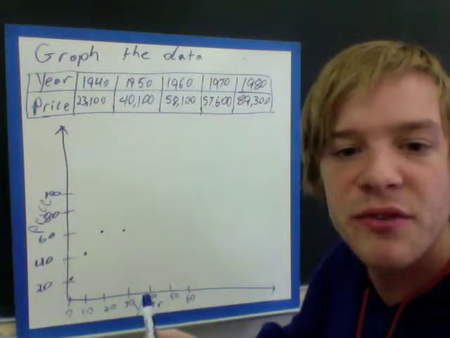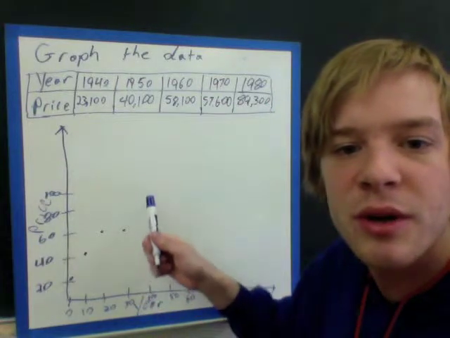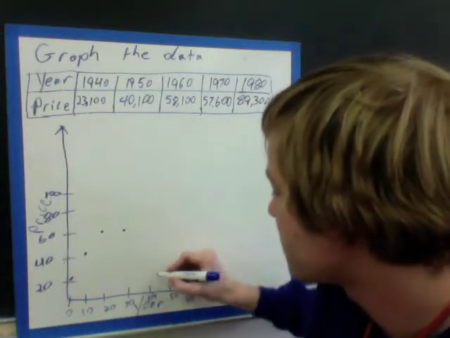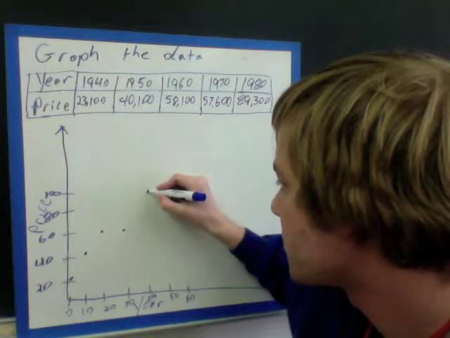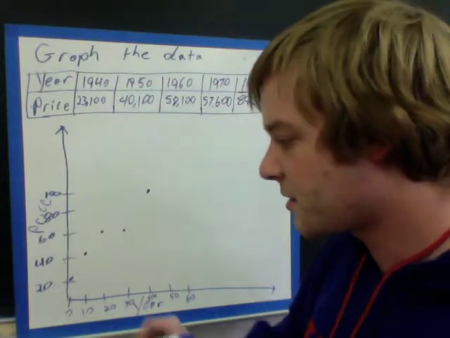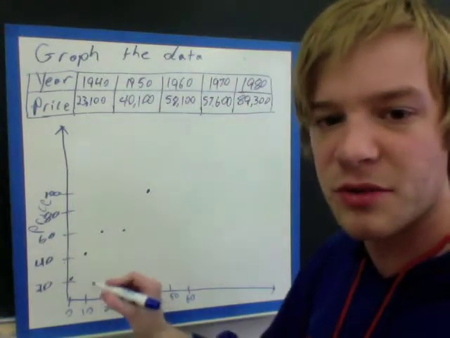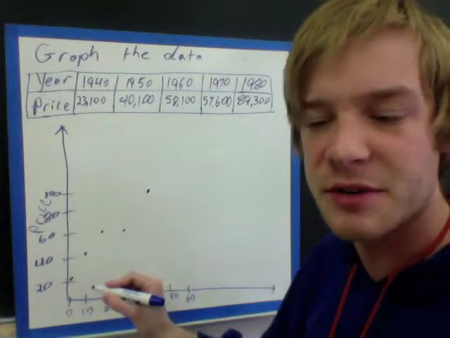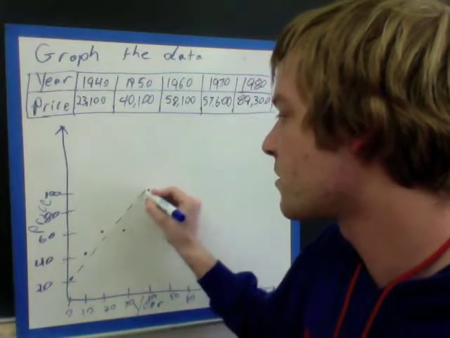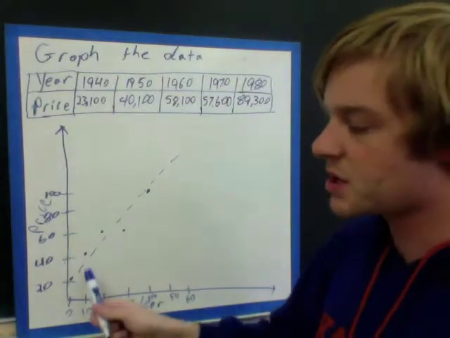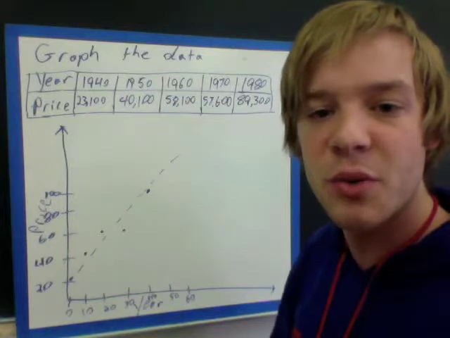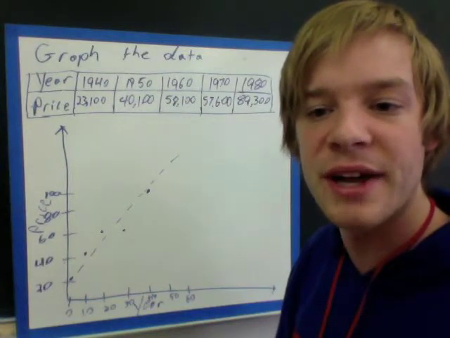So I'm going to go over here to the 40, and then I'm going to go up about halfway between the 80 and the 100. Now you can notice that this sort of starts to form a line here. I'm going to draw a little dashed blue line in here to illustrate this. Some of our points are above and some of them are below. And in the next video, we're going to take a look at what's called the line of best fit.